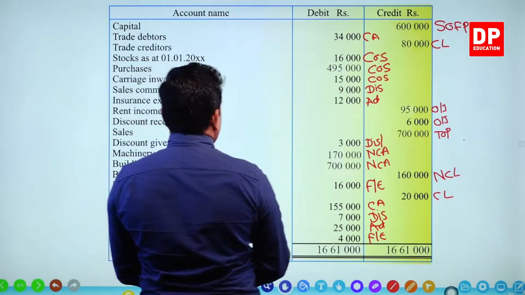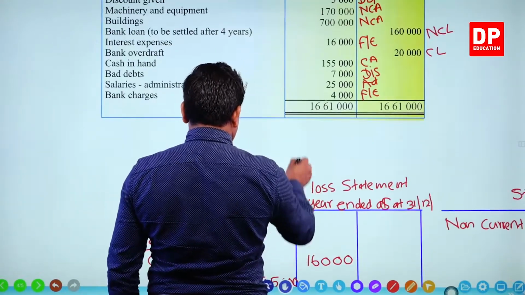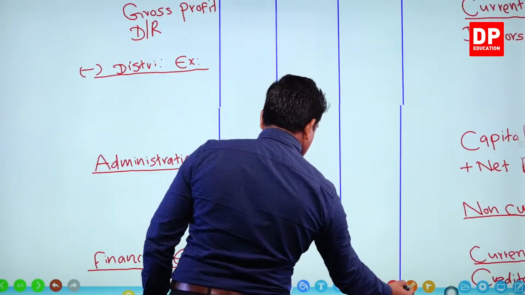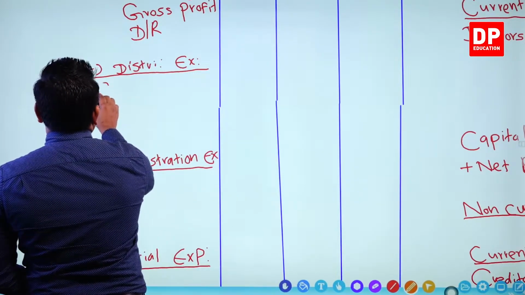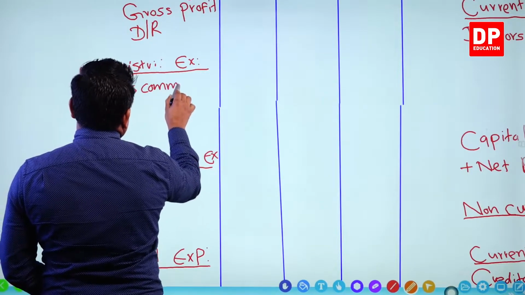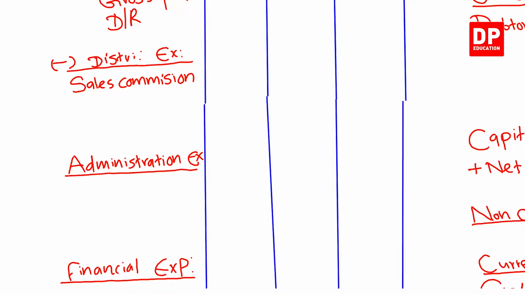Sales commission 9,000, insurance 15,000.